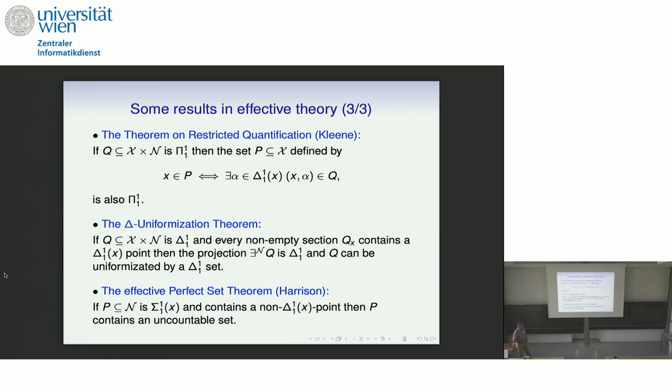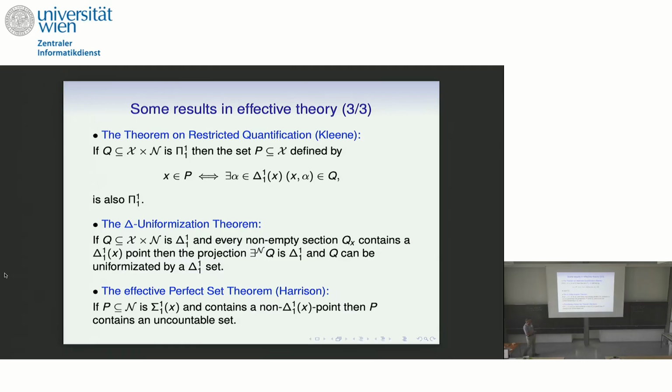Let's see what's stronger. Let me rephrase it. If you start with an uncountable sigma 1,1 x set, then it cannot consist of delta 1,1 x points, because it would be countable. So it has a point not in delta 1,1, and therefore it contains an uncountable set.